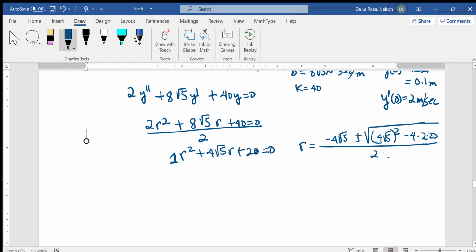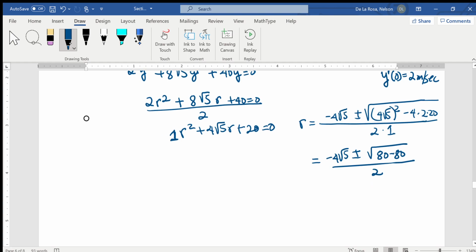Simplifying this, we have negative 4 square root of 5 plus or minus square root of 80 minus 80, divided by 2. And this produces negative 2 square root of 5, which is a double real solution.